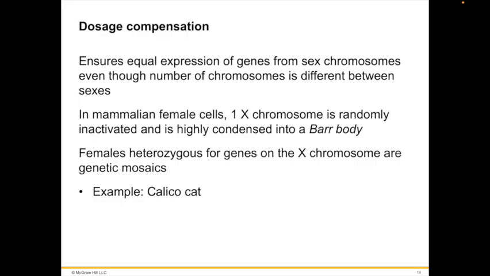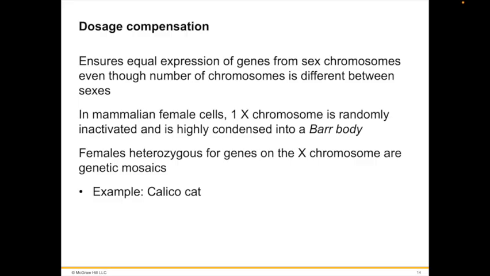and females. In Drosophila, by contrast, dosage compensation is achieved by increasing the level of expression on the male X chromosome. Which X chromosome is inactivated in human females varies randomly from cell to cell. If a female is heterozygous for a sex-linked trait, some of the cells will express one allele and some the other.